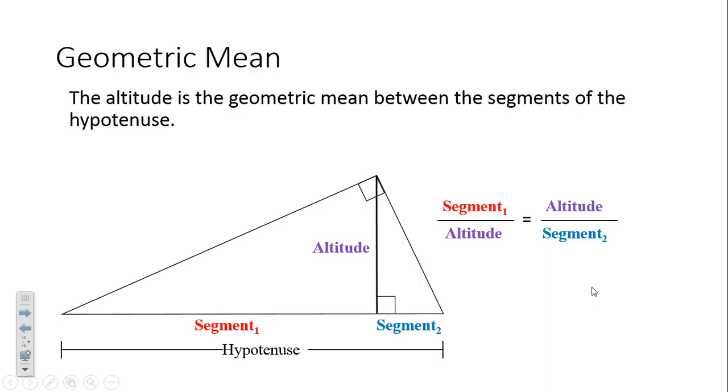The easiest way to do these problems, if you want to see the shortcut, is what are we going to do when we solve this? Cross multiply. So the altitude squared will be equal to the segment times the segment. Okay, that's another way of thinking about it. Altitude squared equals segment 1 times segment 2.